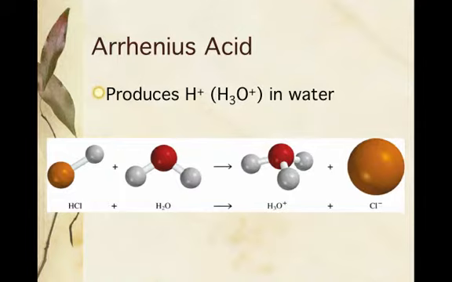So the Arrhenius acid definition is that acids would produce hydrogen in water, and the hydrogen that it produces will automatically attach to the water and produce hydronium, H3O+. So when we talk about H3O+ and H+, they're really interchangeable. Because whenever you produce a proton, it automatically attaches to water in that solution and forms hydronium.